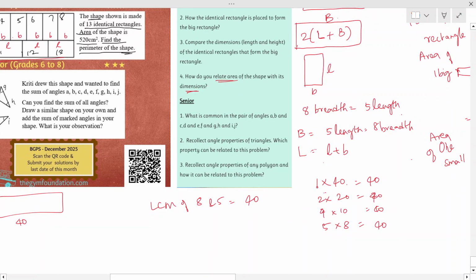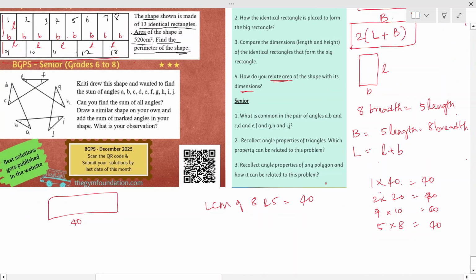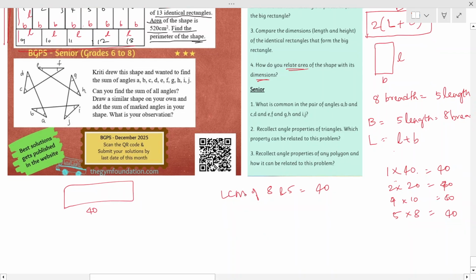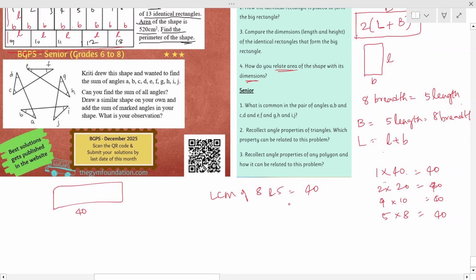Now think, if you take 1 times 40 is 40, and 1 is the breadth, because the breadth is actually smaller in this case, right? So think this length is 40 of the small rectangle and this is just 1. How many do you have to keep to get the bottom? The length is 40, 40, 40.